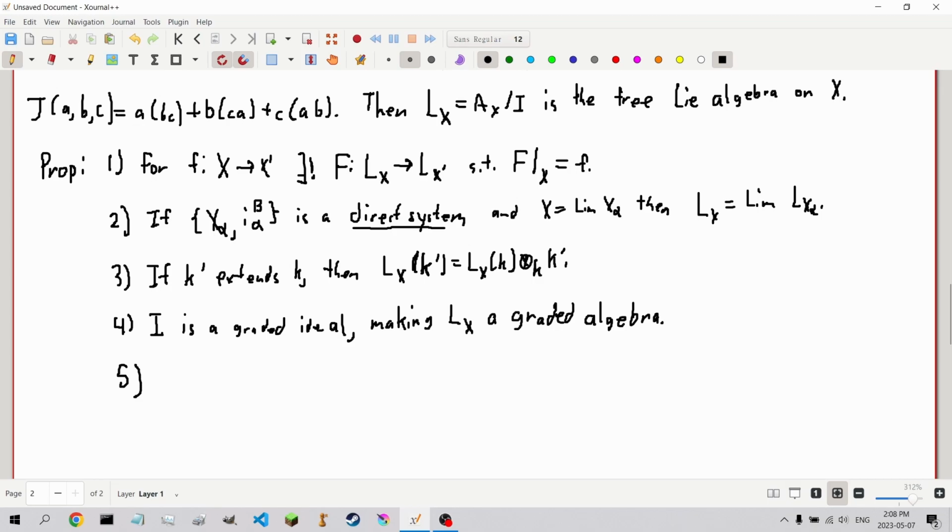There is a fifth proposition here, which we can go ahead and write out. It doesn't rely on anything.